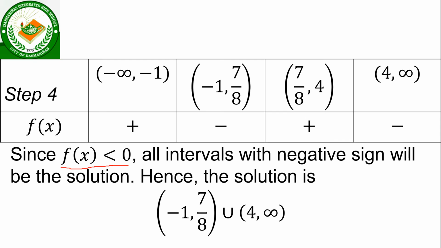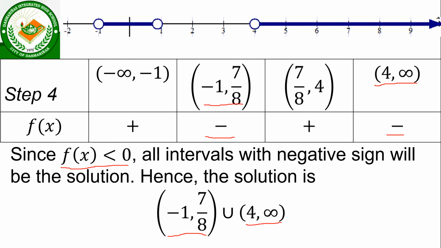Therefore, as we can see here, the intervals with negative sign are from negative 1 exclusive up to 7 over 8 exclusive, union, because we are going to combine these two, 4 up to positive infinity. If we're going to graph it, it will look like this.